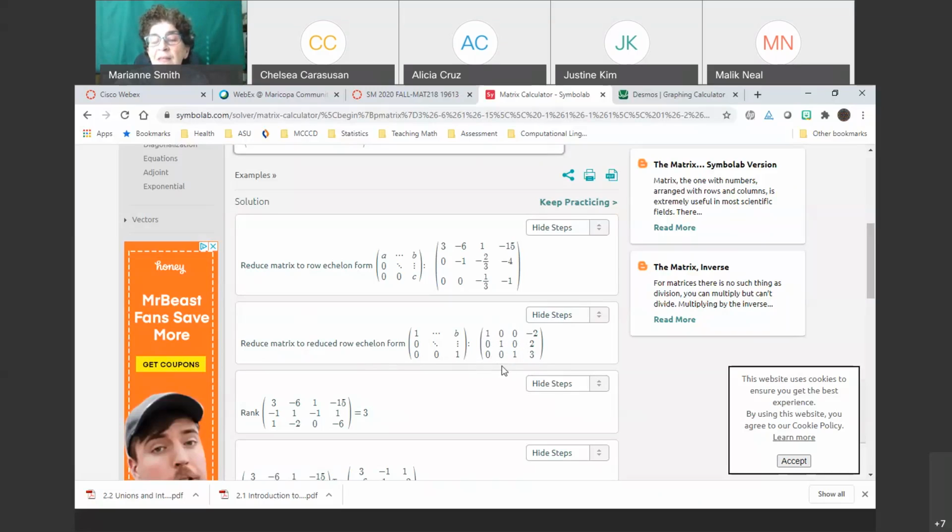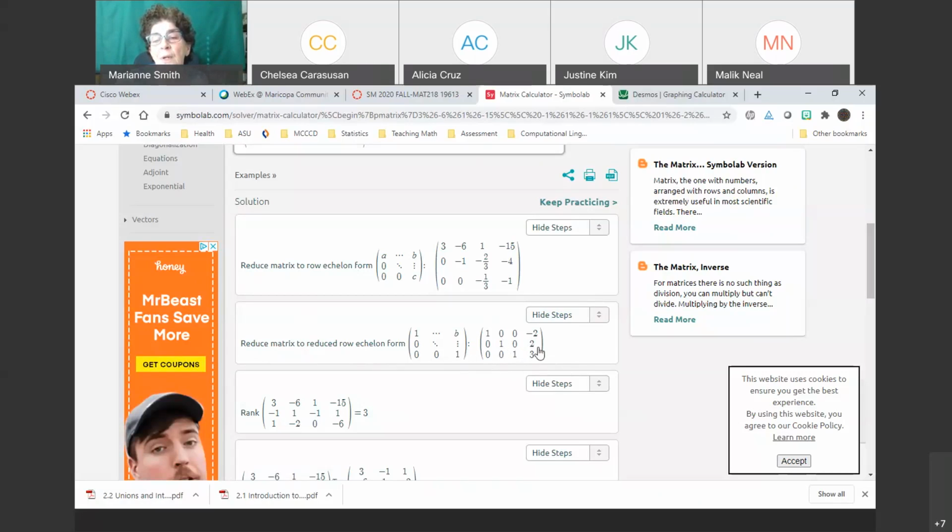Another thing that can happen when you do this process is you could wind up with all 0s in this bottom row. In that case, remember, that means you've got an infinite number of solutions. Z can be anything, and then you have to parameterize your solution: solve for y in terms of z, solve for x in terms of z. But in this case, I've actually got numbers for everything.